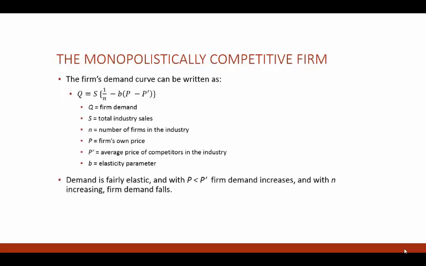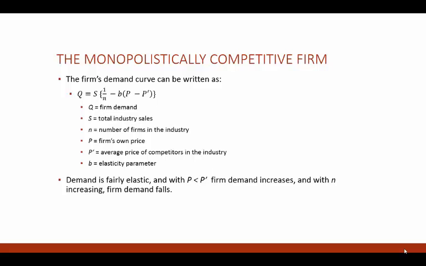We can now provide a demand function for a monopolistically competitive firm in line with those assumptions as given here. As depicted, Q is the firm demand, S is the total industry sales, N is the number of firms in the industry, P is the firm's own price, P prime is the average price of competitors in the industry, and B is an elasticity parameter capturing how sensitive demand is to the price differential between the firm and its competitors.